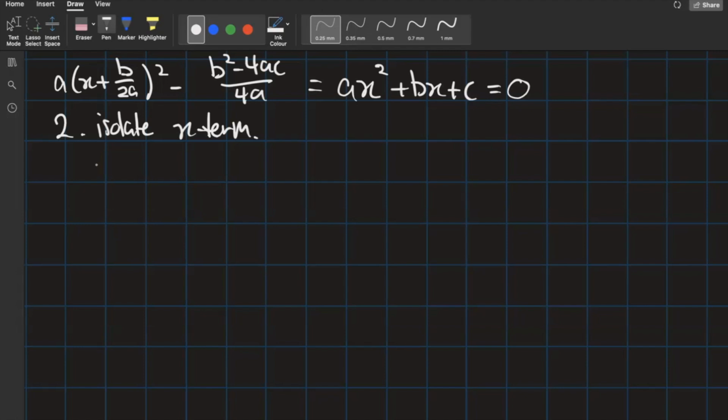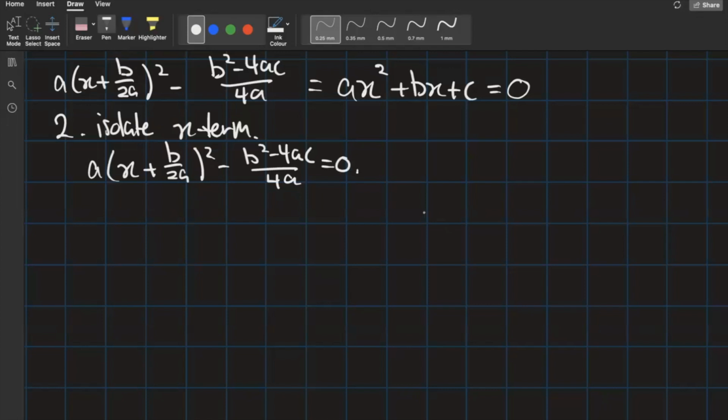So let's write this out. We've got a(x plus b on 2a) squared, subtract (b squared minus 4ac) divided by 4a, is equal to 0. So the first step would probably be to divide both sides of the equation by a, just so we can get closer to isolating our x, which is hidden away within this bracket.